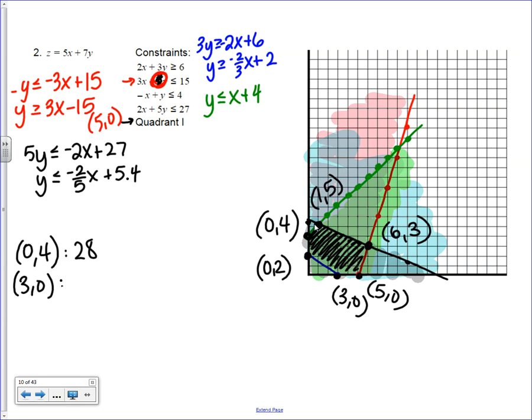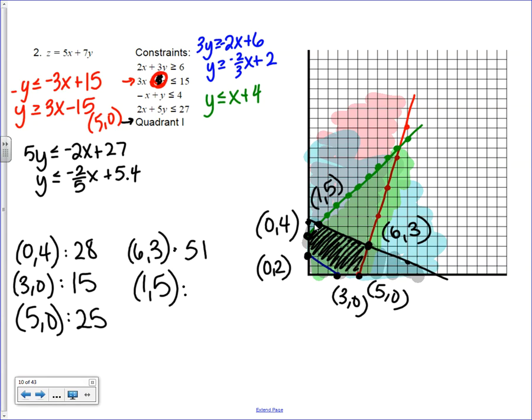For (3, 0), that will be 5 times 3 plus 7 times 0, which is 15. (5, 0) would be 5 times 5 plus 7 times 0, which is 25. (6, 3) will be 5 times 6 plus 7 times 3, which is 51. And (1, 5) will be 5 times 1 plus 7 times 5, which will be 40.